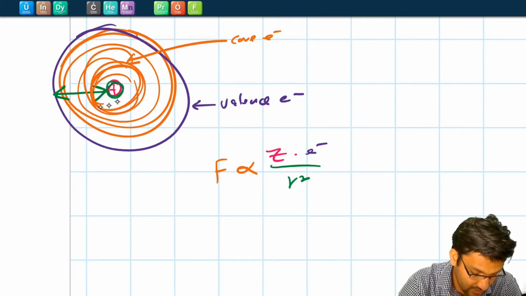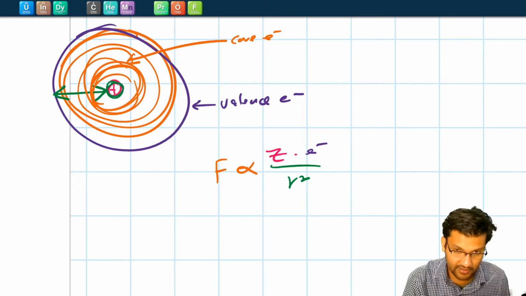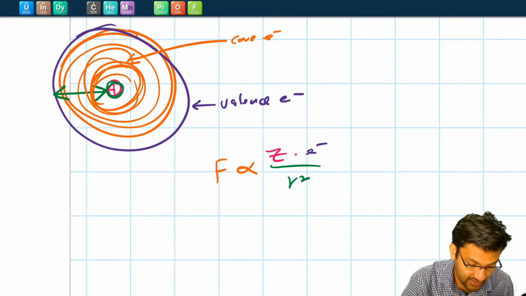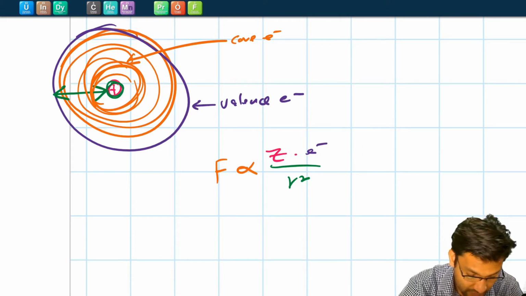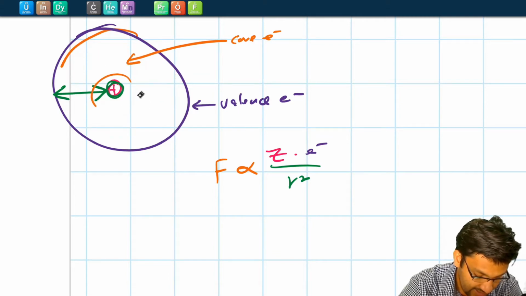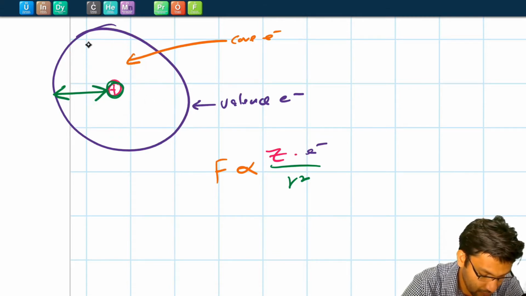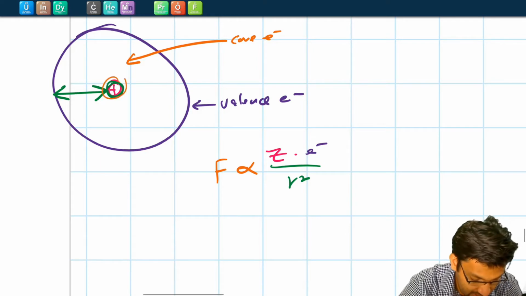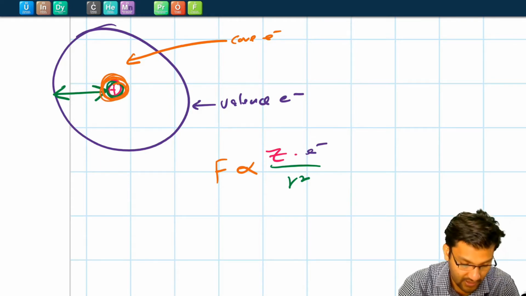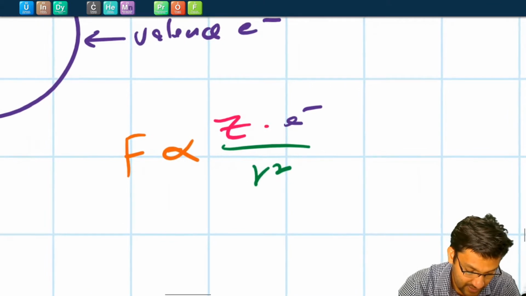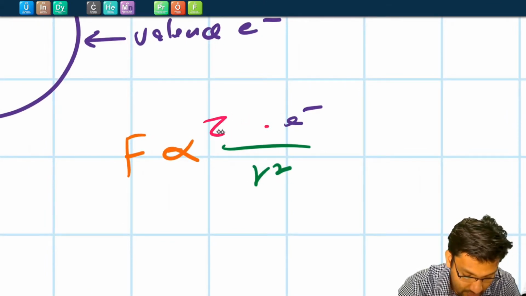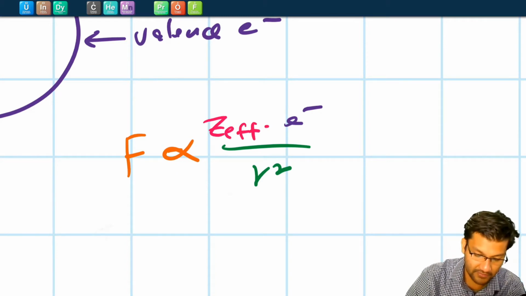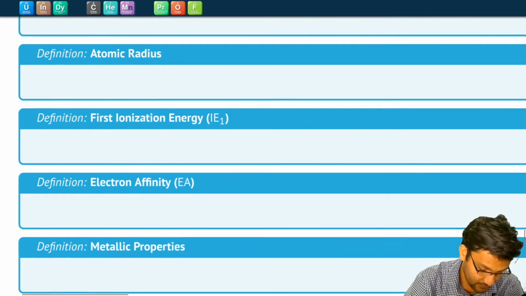The net positive force from the nucleus is pulling in the valence electrons, while the core electrons are trying to push them away. So from the point of view of these outer electrons, the force coming from the nucleus is weakened by all of the core electrons. So instead of using the charge from the nucleus, we can change this to some weakened nuclear charge called the effective nuclear charge, Z effective.